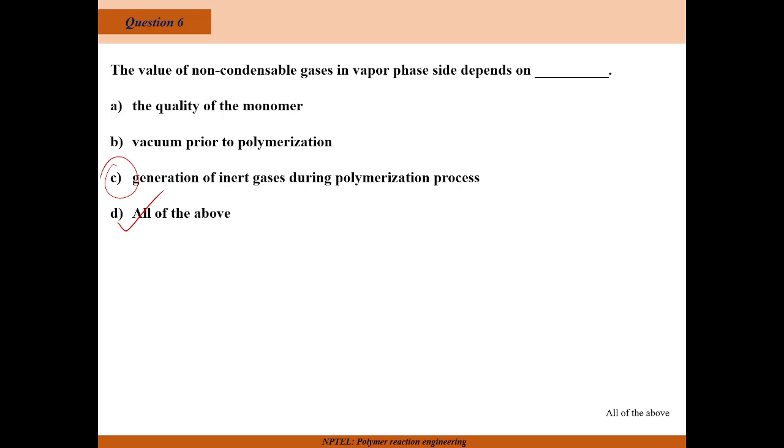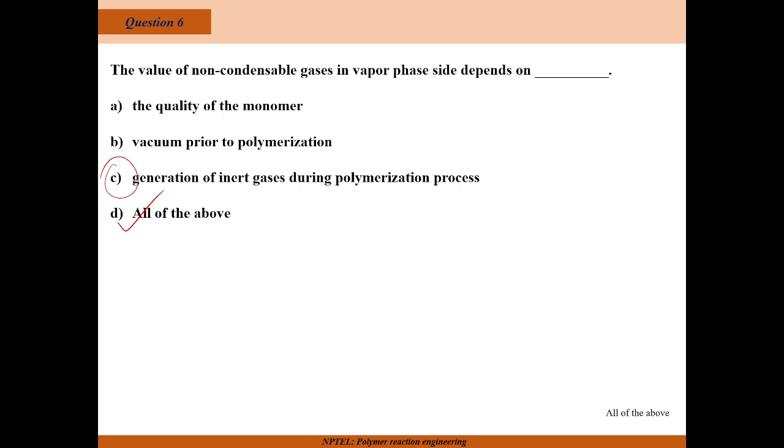One by one, if we see the quality of the monomer, whatever starting material we are getting may have a lot of other impurities, like the stabilizers, which I already explained, such as tertiary butyl catechol type things. Non-condensable gases depend upon the type of monomer we use.